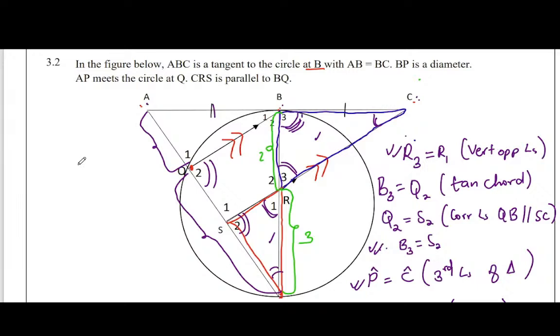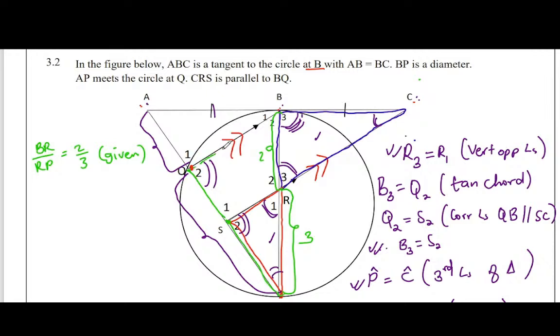So we know that BR over RP is given as 2 over 3. What if we compare QS from here and then SP also?